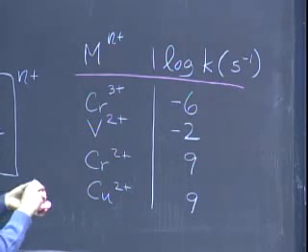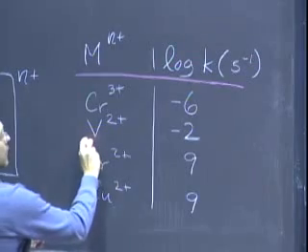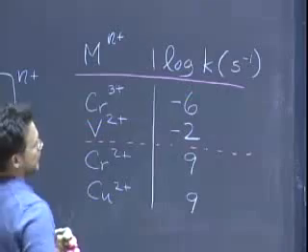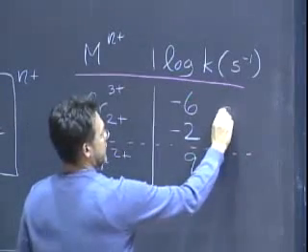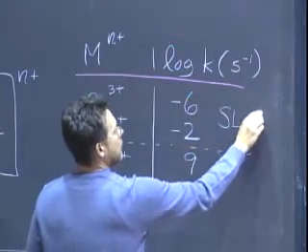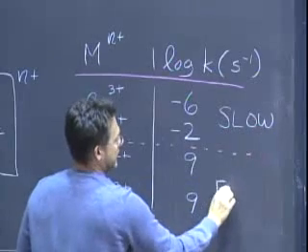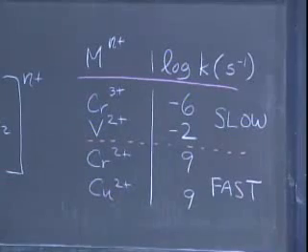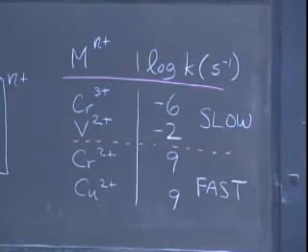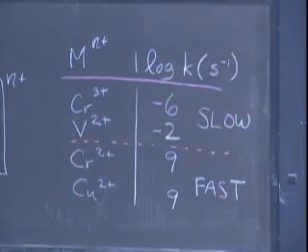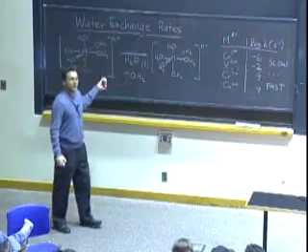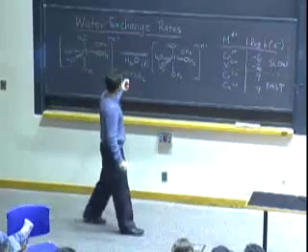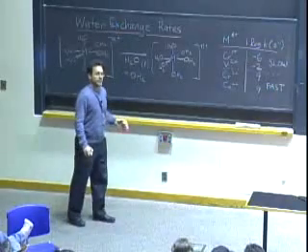And so I'll classify these as either slow or fast, and we'll say that here we are slow, and here we are fast. And of course, there are cases that are somewhat in between, but I will be giving you a little bit of nomenclature that arises from the study of such ligand substitution rates in a little while. Okay, so here's one type of substitution reaction.